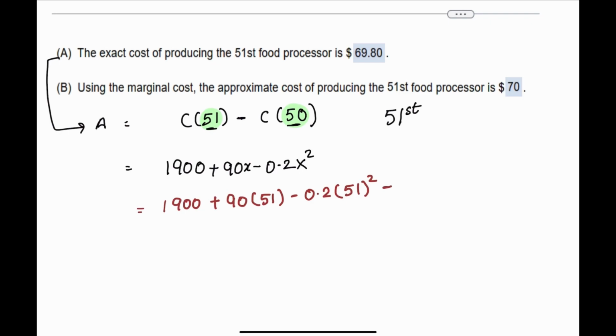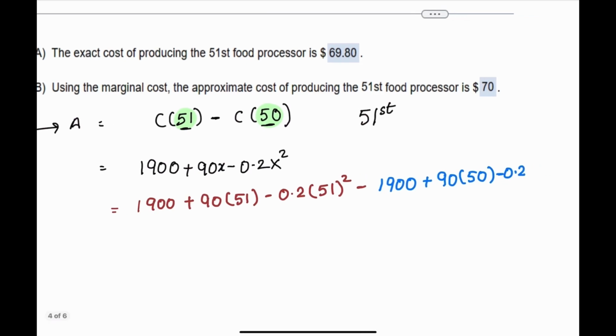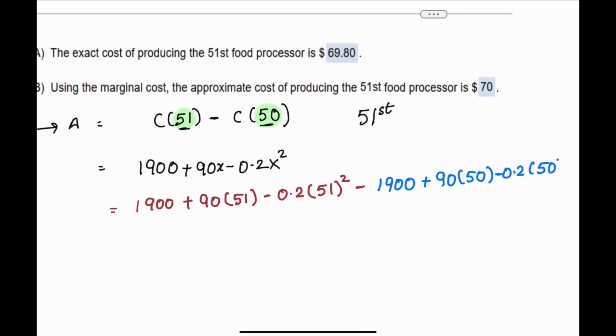Minus, I'm going to change the color, minus 1900 plus 90 times 50 minus 0.2 times 50 squared. So all I'm doing is subtracting the cost of 50 food processors from the cost of 51 food processors to give me the cost of the 51st food processor.